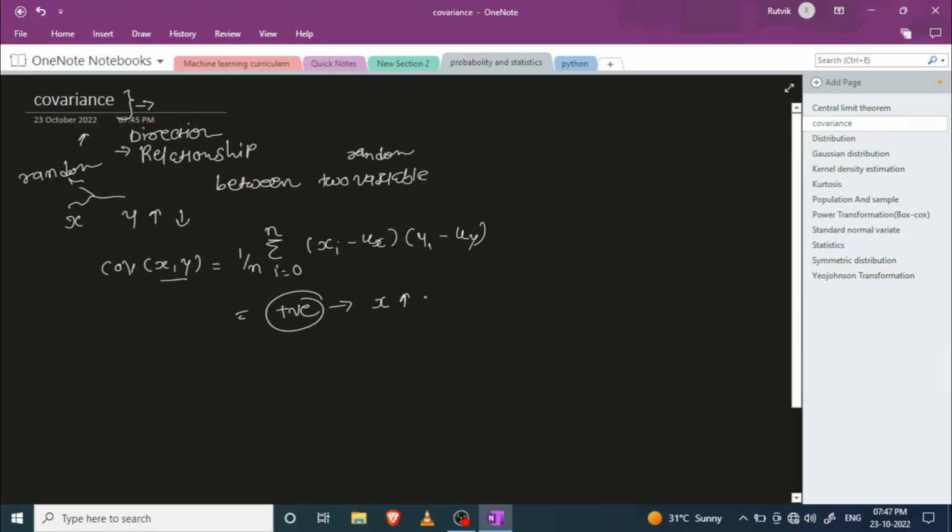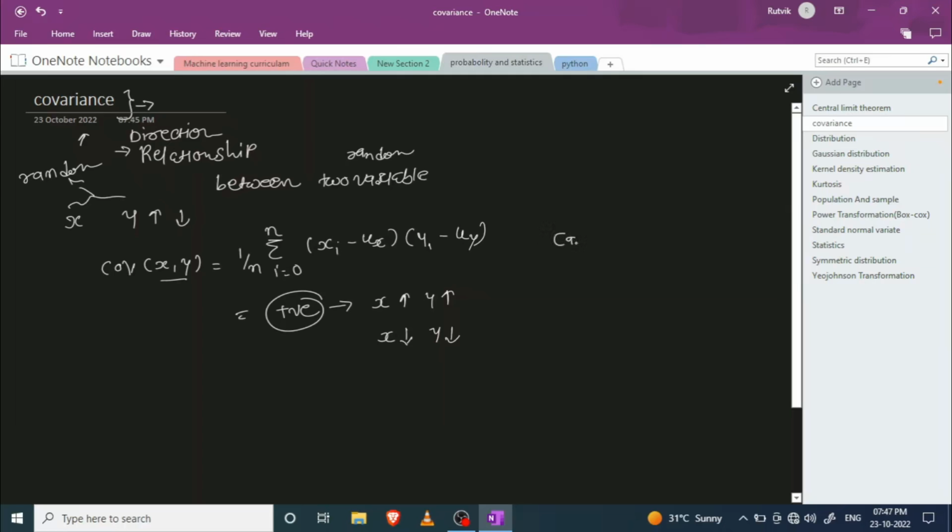So with the increasing of x, y is also increasing. And the other perspective is, with the decreasing of x, y will also decrease. This is the case if the value of covariance of x and y is positive, right?